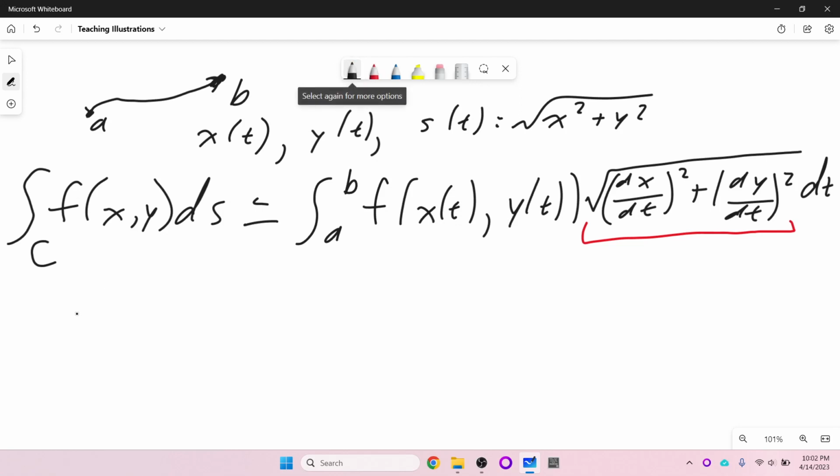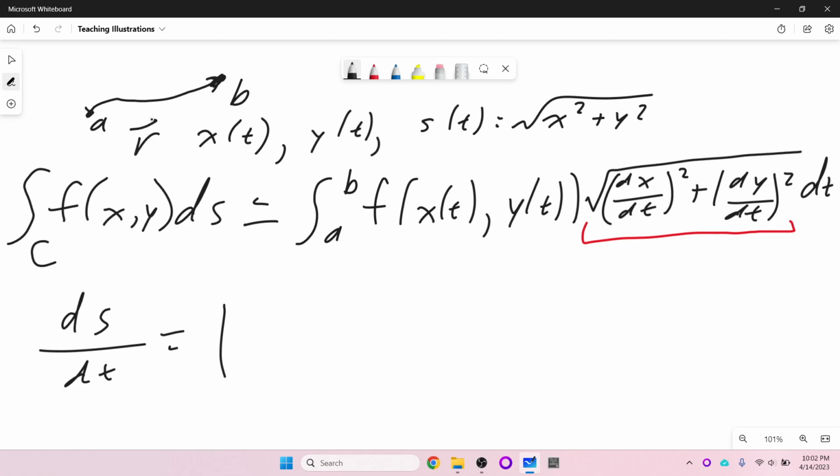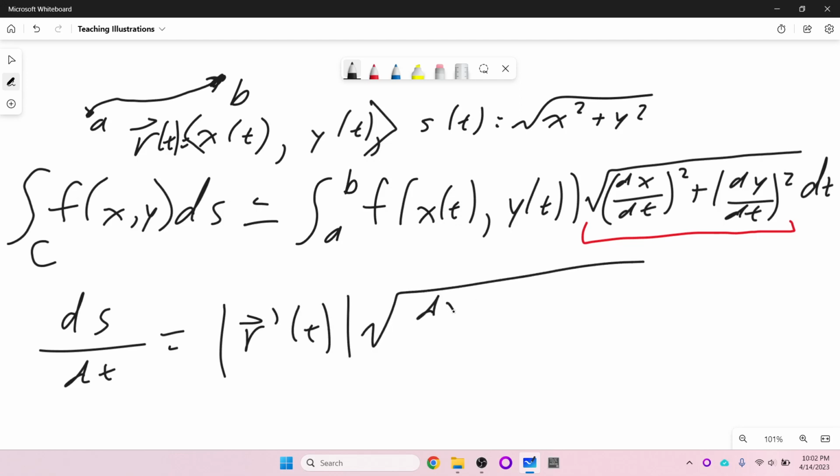I want to make one little note here that ds over dt, that is the change, how fast we are moving along this path, would equal, if r of t, this was the old notation we used, r of t is the vector x of t and y of t, then ds dt is the absolute value of r prime of t, the square root of dx over dt squared plus dy over dt squared.